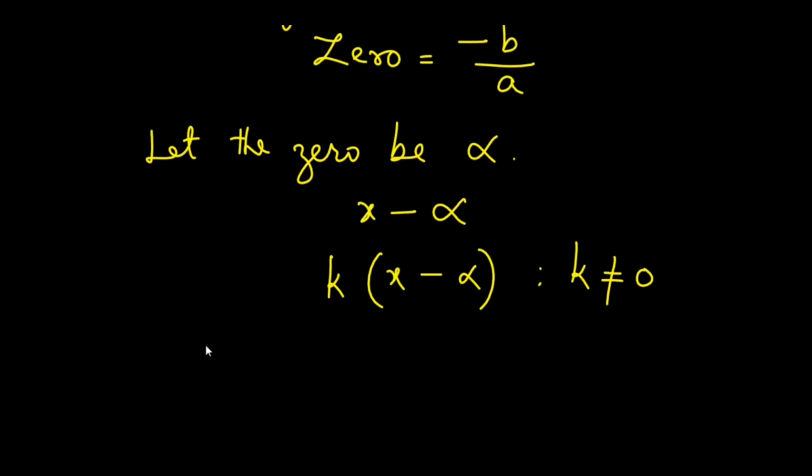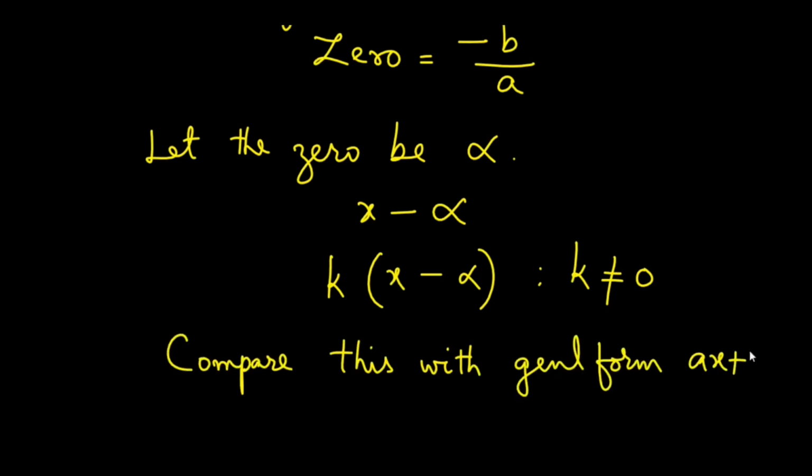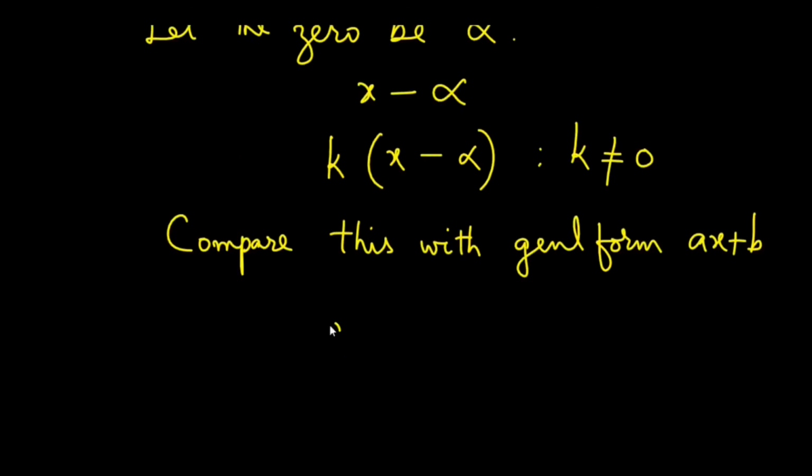Now let us compare this with the general form ax plus b. Here the x term is a and here the x term is k. So a is equal to k. And here the constant is b. So b is equal to, here the constant is k into minus alpha, so it is minus k alpha.